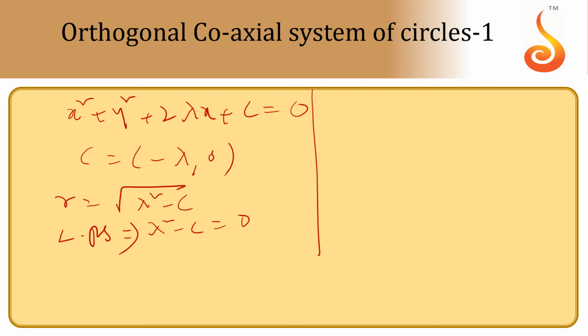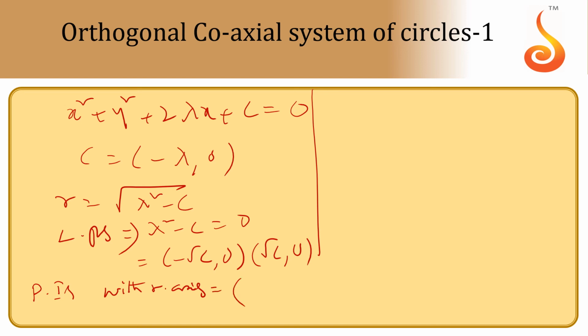So lambda equal to plus or minus root c. So limiting points are plus or minus root c comma 0. And the point of intersection of members with radical axis, for that we put x equal to 0, then we got y equal to plus or minus root minus c.